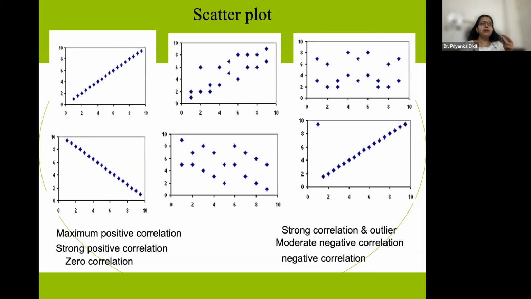There is a possibility that two variables are related, but the relationship is not linear. Linear means one unit increase in one variable gives a constant unit increase in the other variable. If variables move like this, we can say they are linearly related.